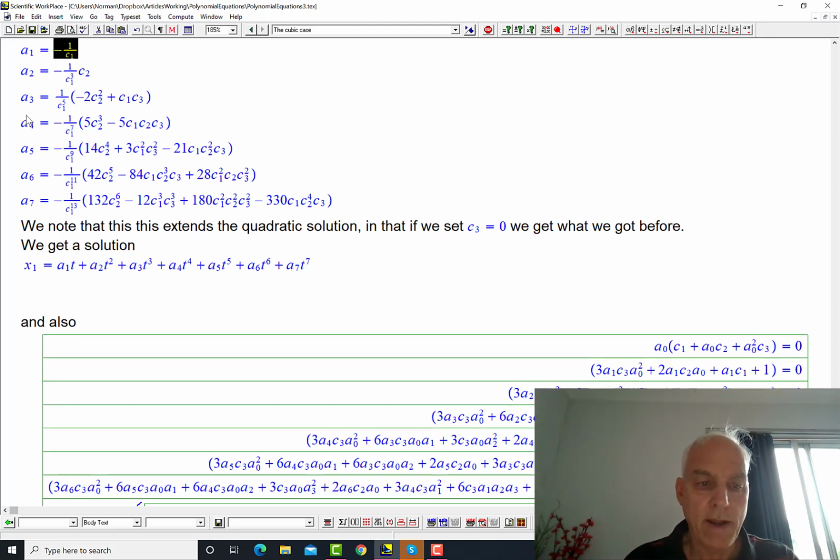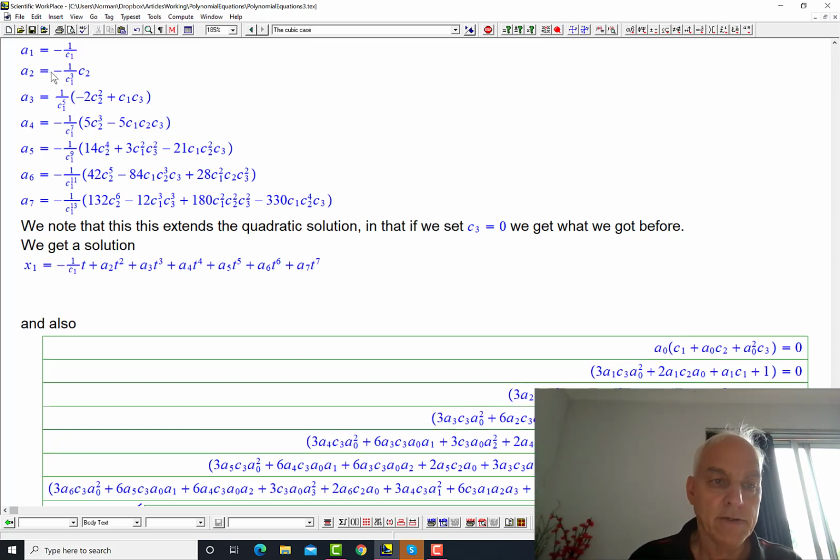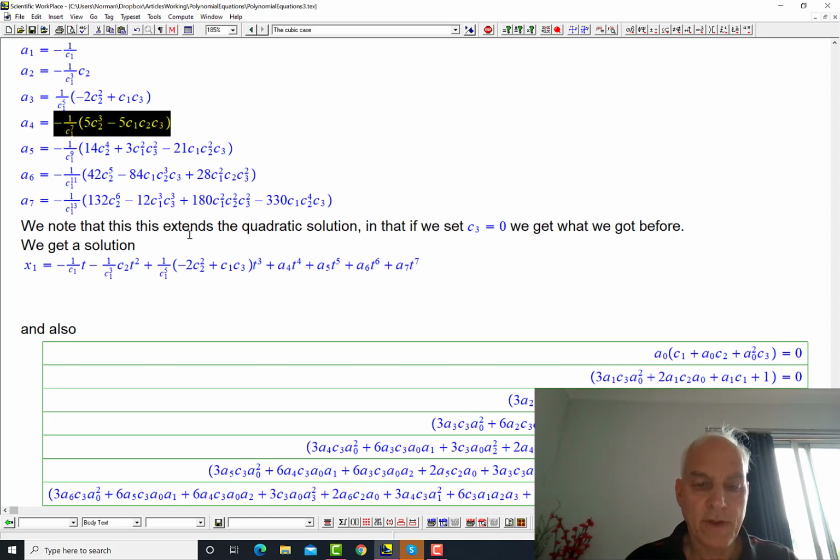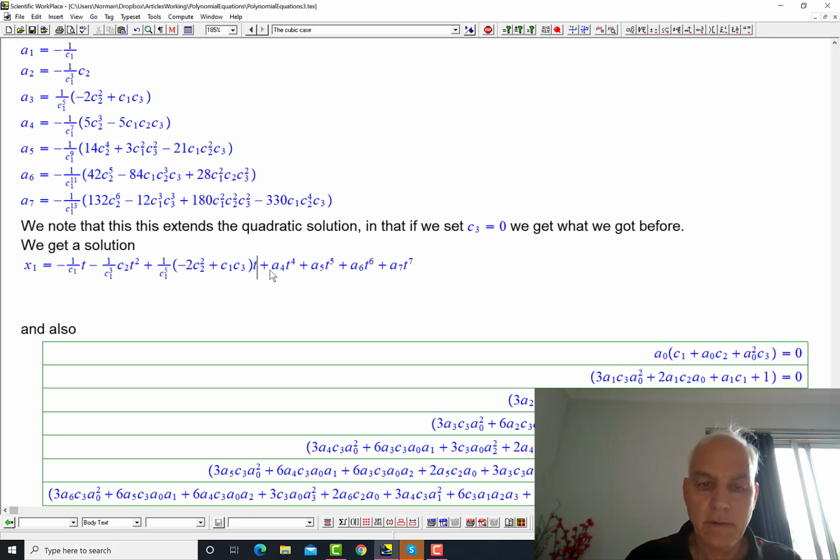So there's a1, put that in there for that. And a2, instead of this, and a3, instead of that one, and a4, minus sign. Oops, sorry, that was t cubed, going this way.